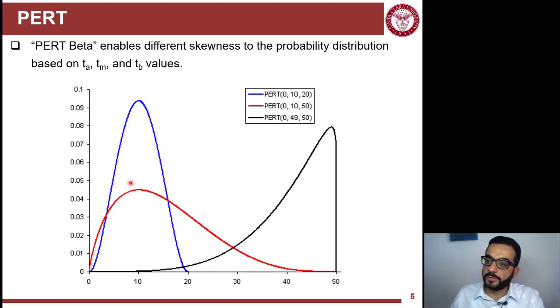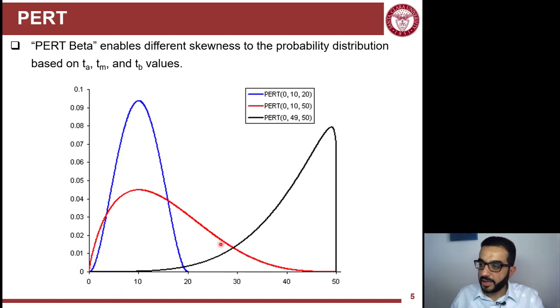For example, the blue one here is a PERT or beta distribution of 0, 10, 20. 0 is the optimistic value, pessimistic 20, and 10 most likely is exactly in the middle, so it's symmetrical. There's no skewness here. The red one is skewed to the left, so it's more optimistic than pessimistic.